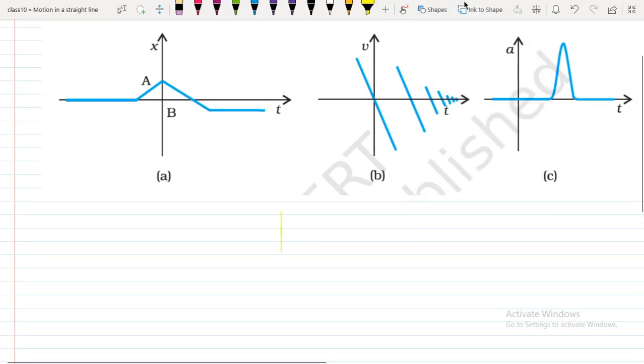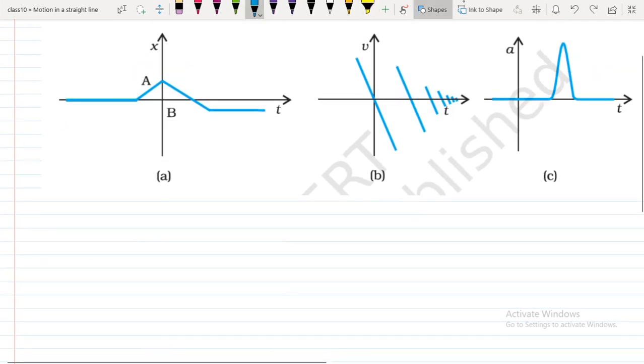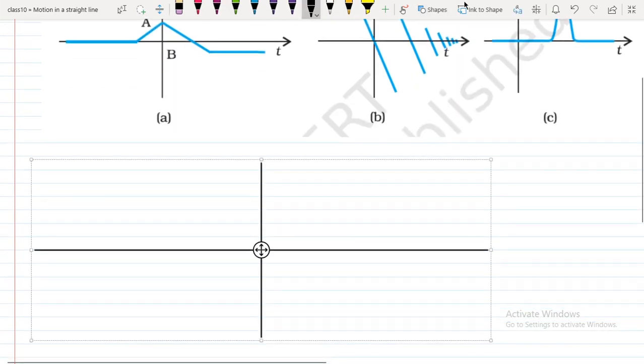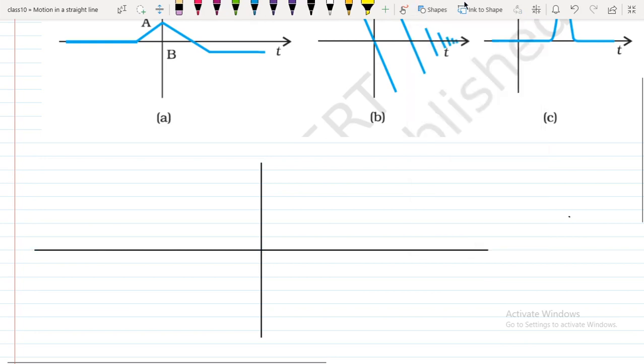Suppose I draw a coordinate axis. The graph is given like that. Now I will draw according to the given lines.